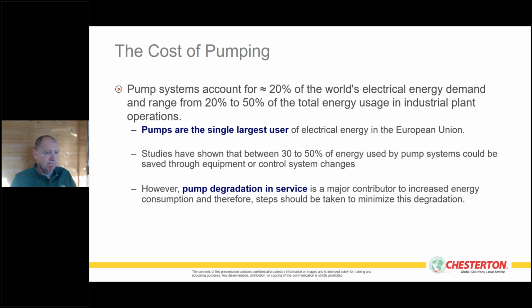We have been talking about this topic for well over 20 years, but in this day and age with the environmental concerns, I think it's important to bring this topic back up again. So that's the reason we're talking about it today.